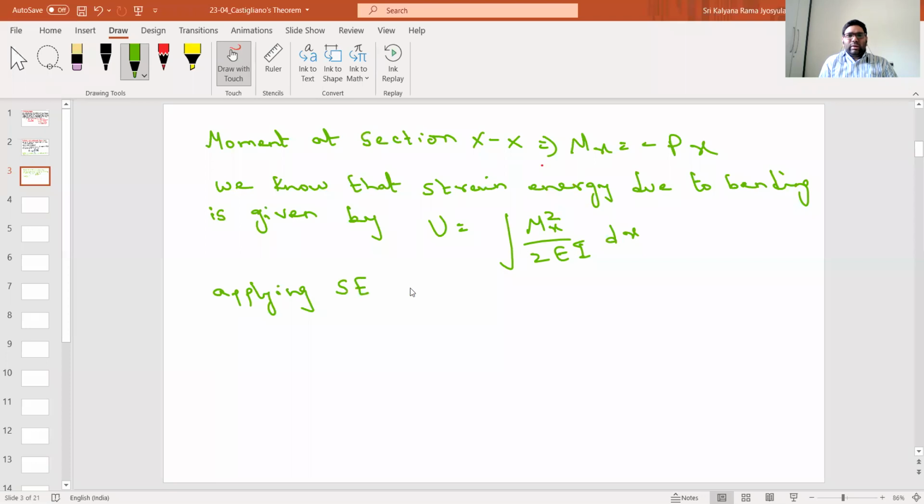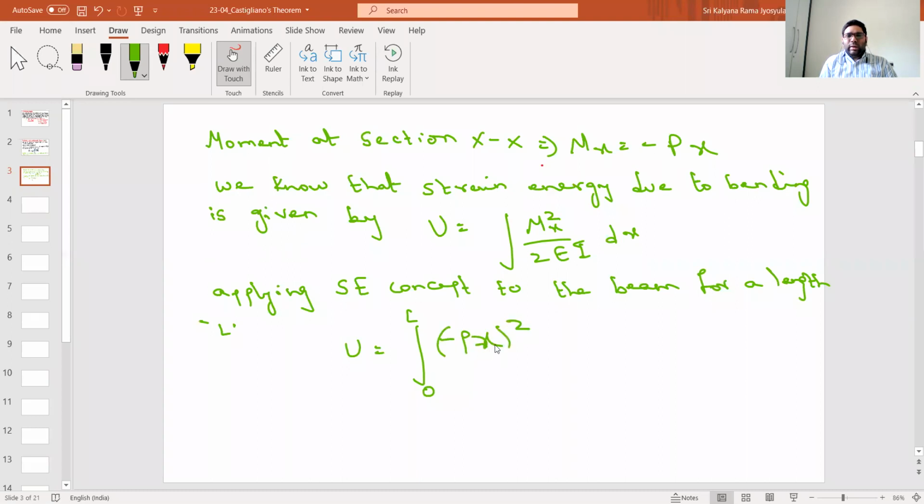Now, applying the strain energy concept to the beam for a length L, U is equal to integral from 0 to L of (minus P x) whole square by 2EI into dx.